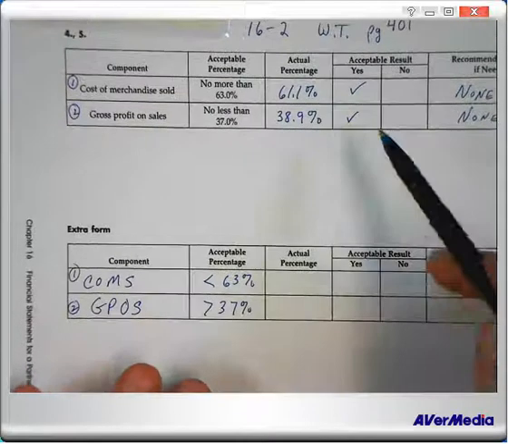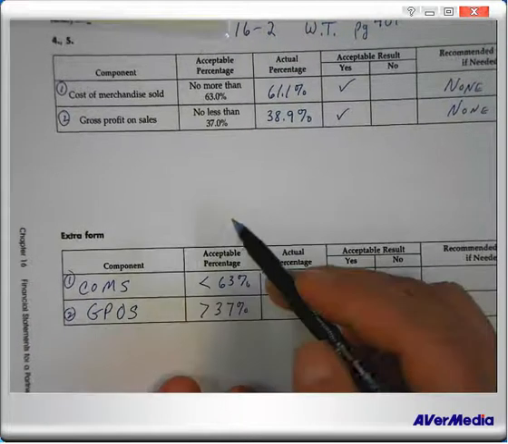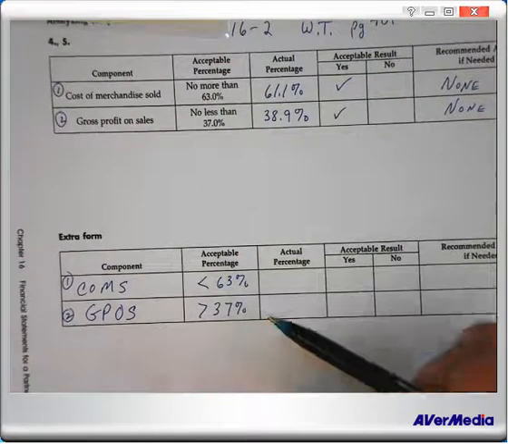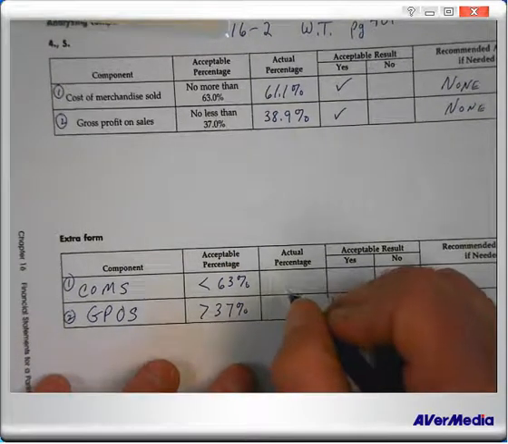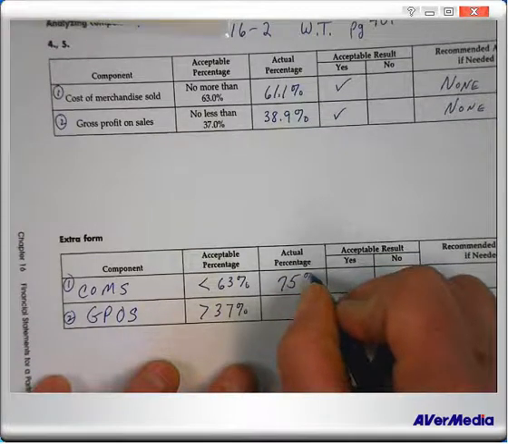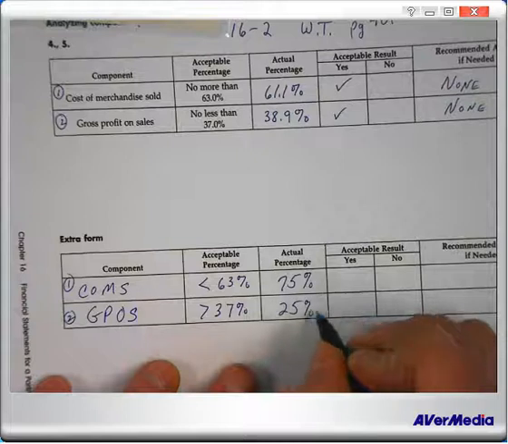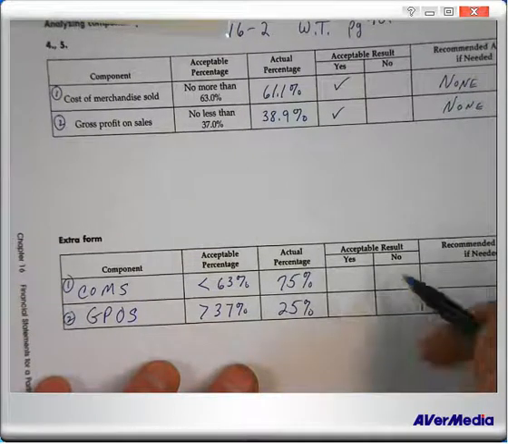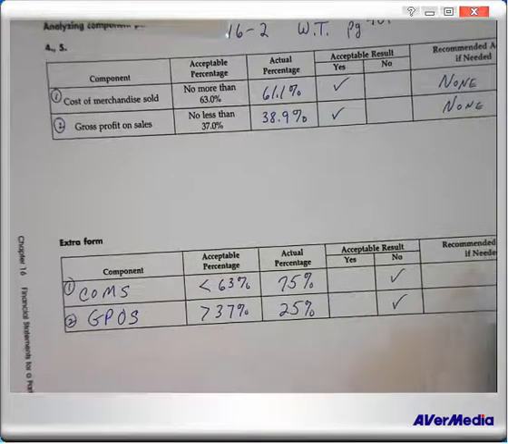So if you reach one, the other one should automatically be okay. Okay, well, let's say that our cost of merchandise sold was 75%, and then our gross profit on sales is 25%. Is that acceptable? No. Is the gross profit on sales acceptable? No. So, recommended action needed.